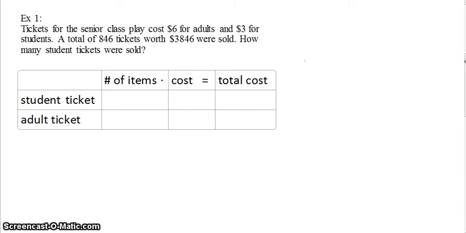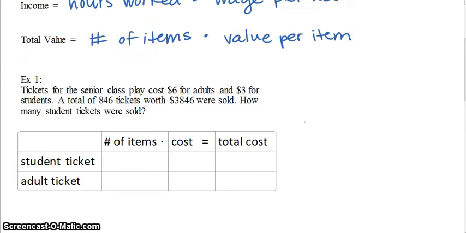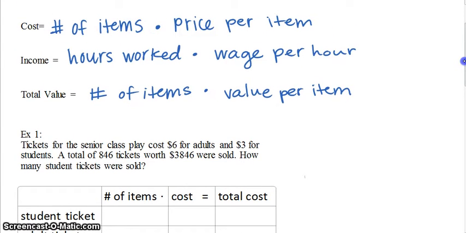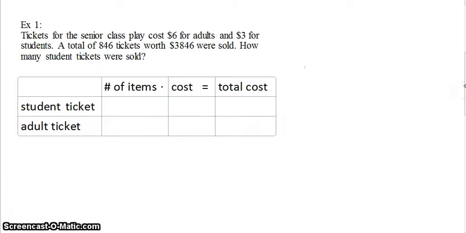Well, we know that it's the number of items times the price per item, which is kind of like the cost of an item. Okay, so how much does a student ticket cost? Student ticket costs $3 and an adult ticket costs $6, and now we need to know how many of each.